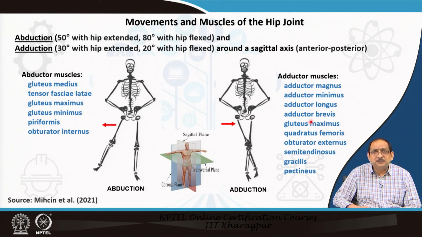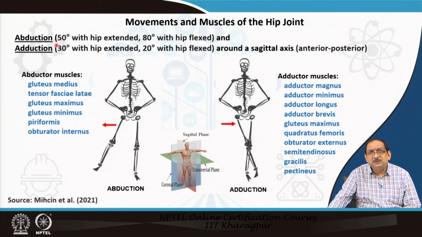The hip joint also provides the movement abduction and adduction. So, you can see abduction is rotating away from the midline and adduction is rotating towards the midline.